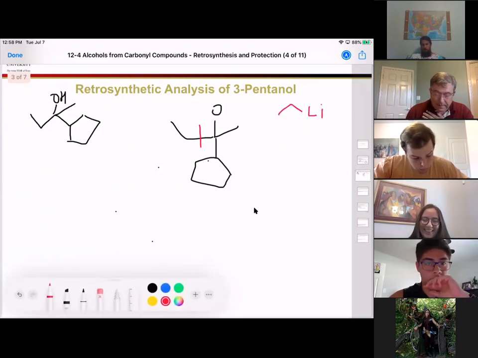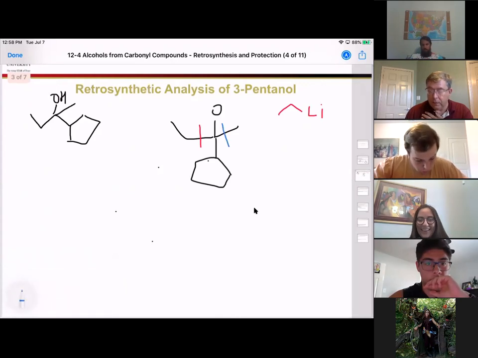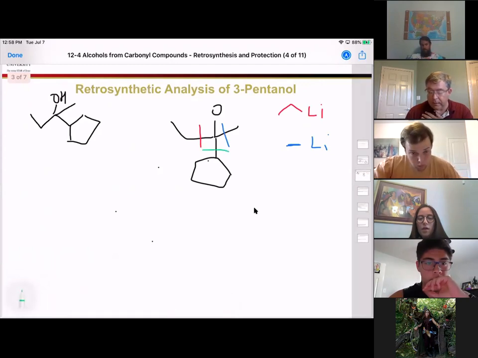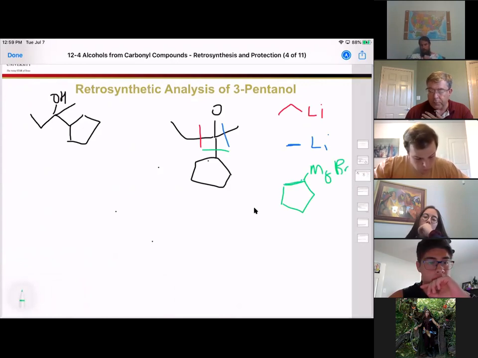Okay. If we attacked it here, we would be attacking it with a methyl lithium reagent right here. And if we broke it apart here, we would be attacking it with probably a Grignard or some other cyclopropyl group here.